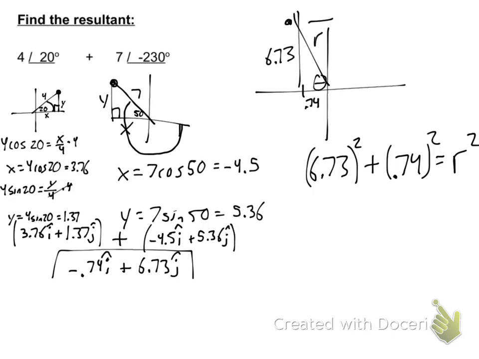All right. So 6.73 squared plus 0.74 squared equals, we'll get that number, 45.82. Make sure everybody tries to get there.